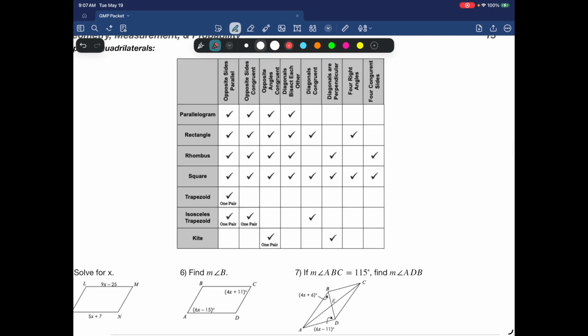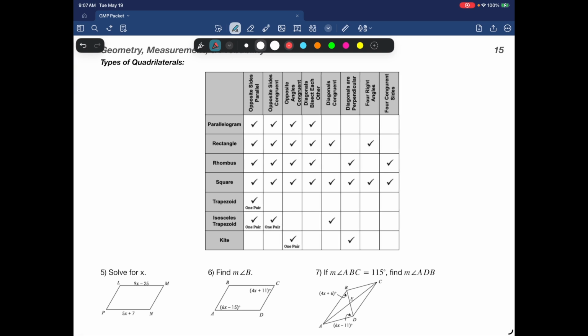Okay, so when you get into actual quadrilaterals, and not just polygons, you start looking at parallelograms, rectangles, rhombus, square, trapezoid, isosceles trapezoids, and kites. And each one of those has a set of properties. And so you slowly build this chart over time.